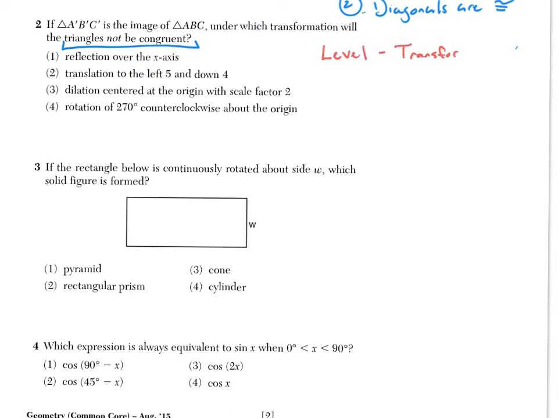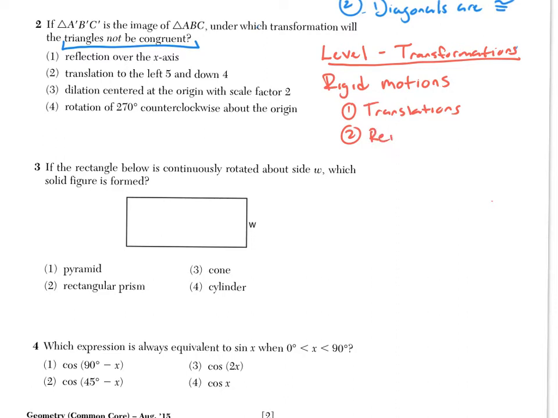Transformations. Okay. And so there are rigid motions, and then there are non-rigid motions. The rigid motions, and these are the ones that produce congruent figures, are 1, translations, 2, reflections, and 3, rotations.